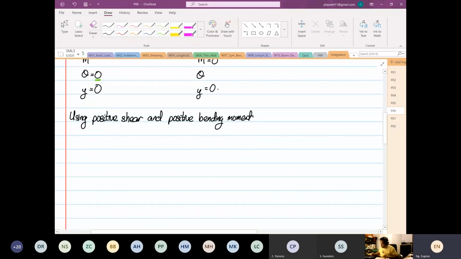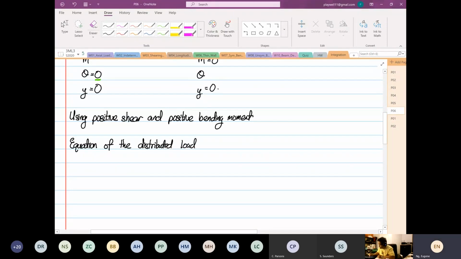So we know the equation of the distributed load. For this case, omega as a function of x is equal to omega naught over L multiplied by x.